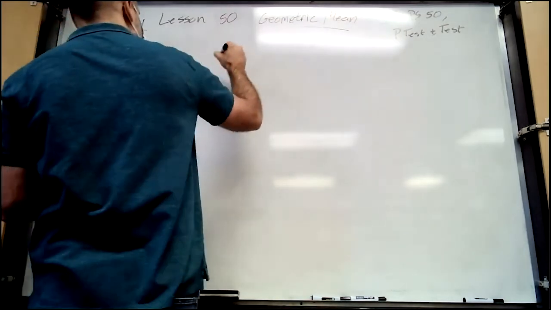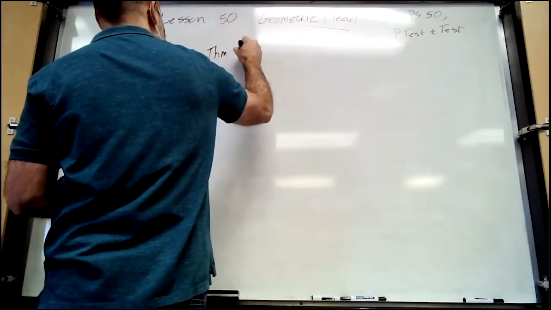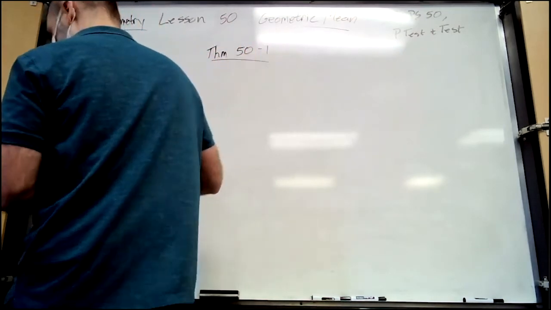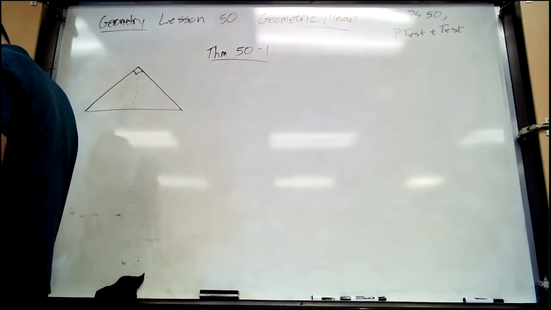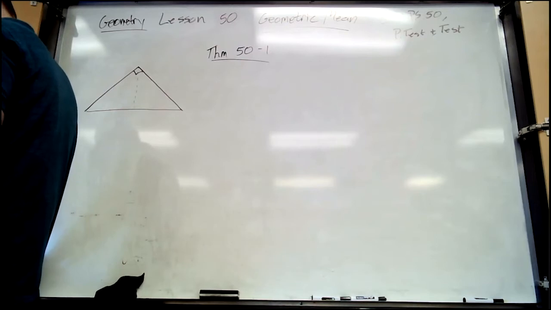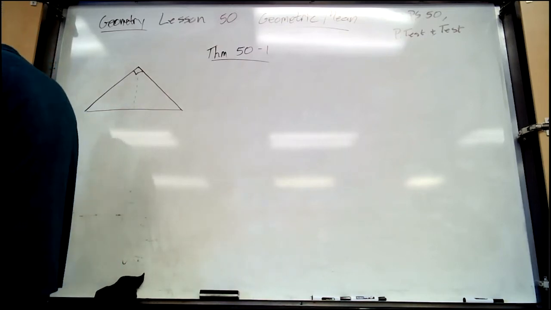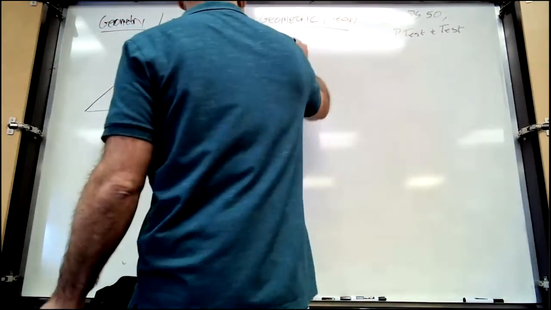This is theorem 50-1. If the altitude is drawn to the hypotenuse of a right triangle, then the two triangles formed are similar to each other and to the original triangle.